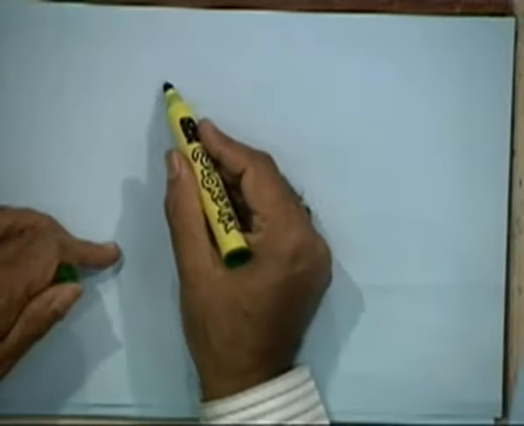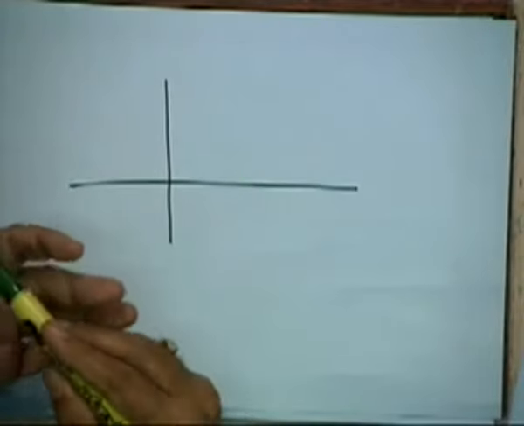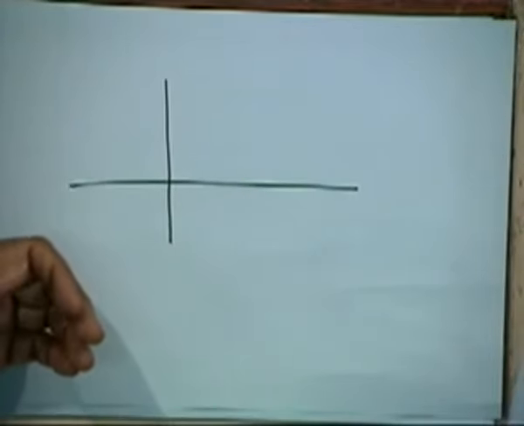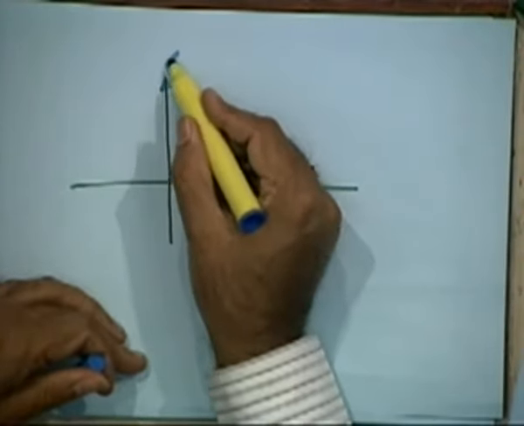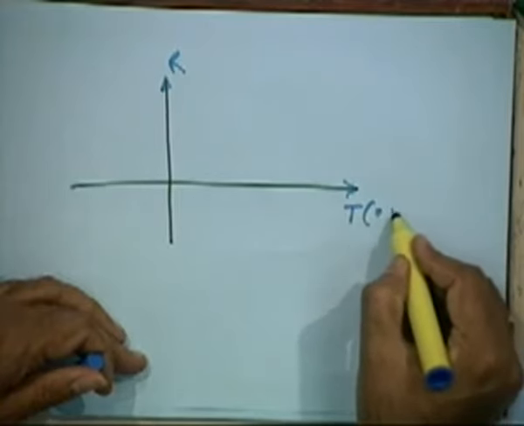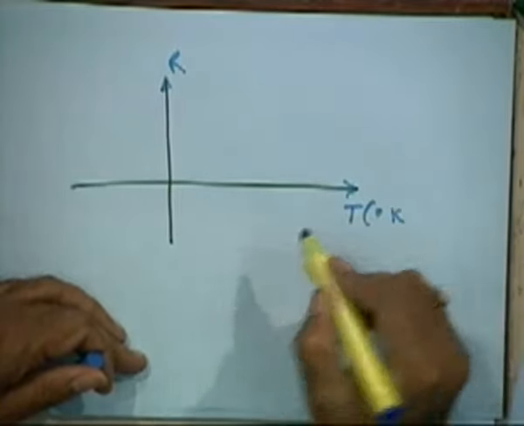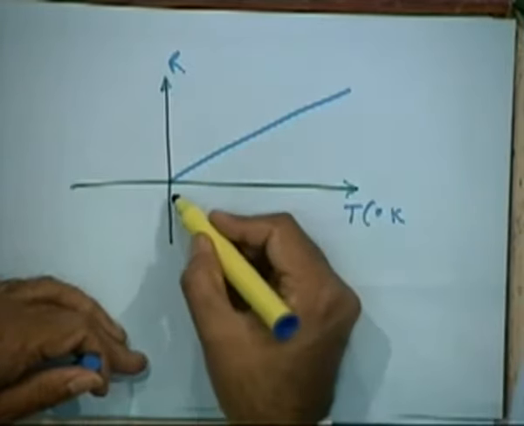If you remember some physics, then resistance varies with temperature. Let us say degree Kelvin. We can assume it goes linearly. This is 0 degree Kelvin.